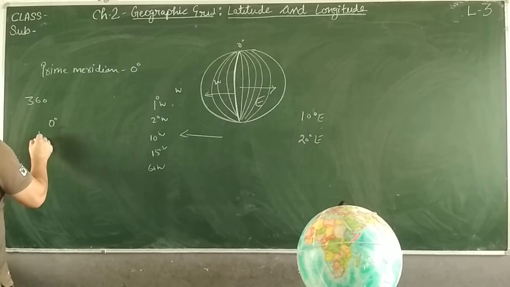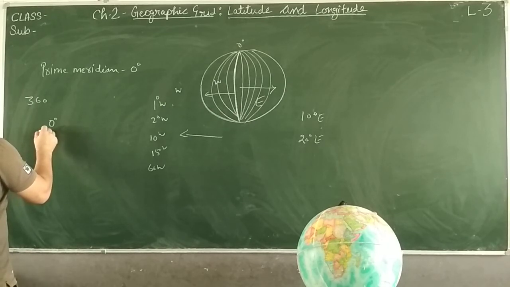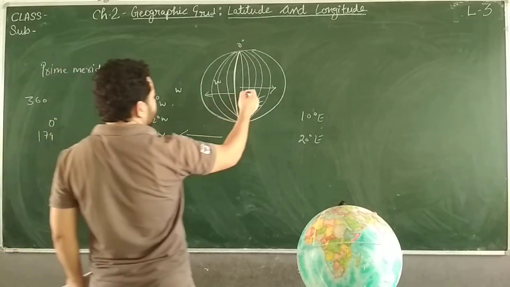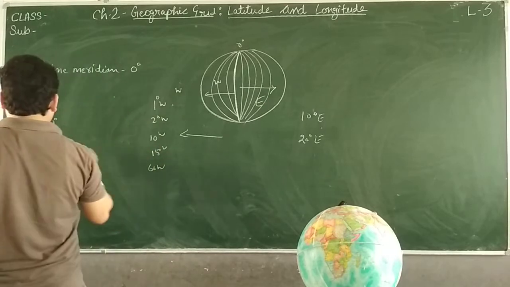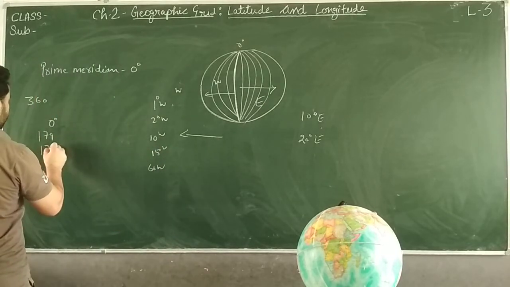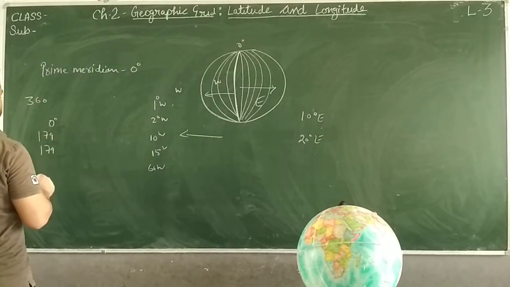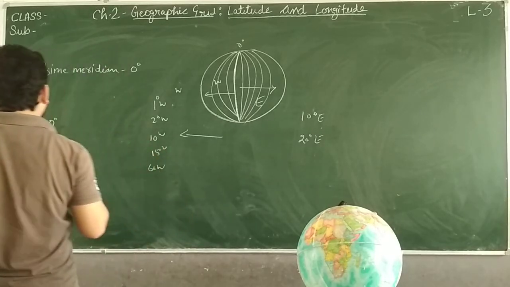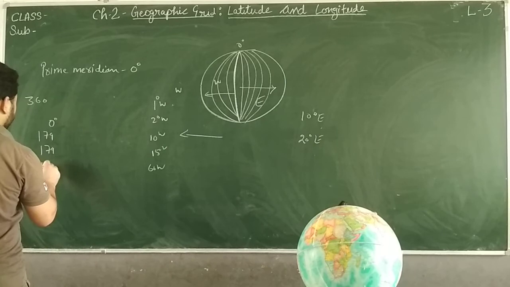Then we have 179 lines here and 179 lines here. And then we have one line which is the 180 degree line.